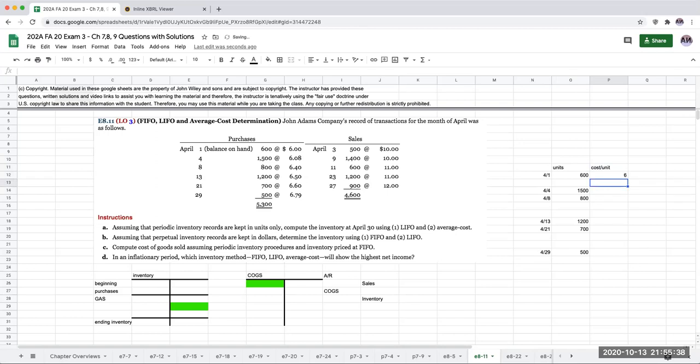And my cost per unit is going to be 608, 640, 650. So when I multiply my units by my cost per unit, this is going to give me my total.